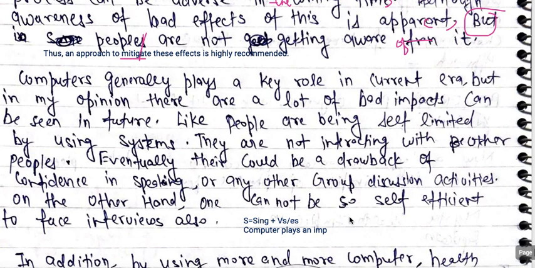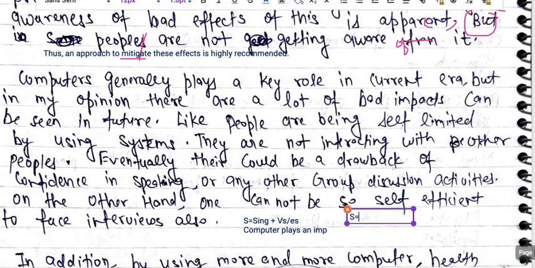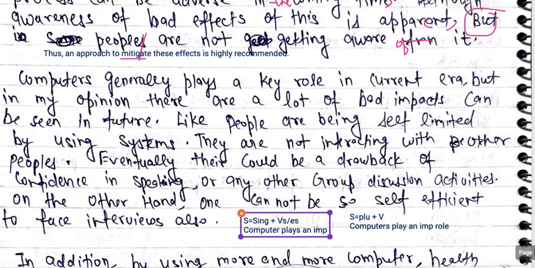But if your subject is plural, then there will be no s or es in the verb. For example, computers play an important role. Okay, so we have to keep this in mind. This is a very major and very common mistake that a lot of students make. So computers play a key role in the current era, okay?